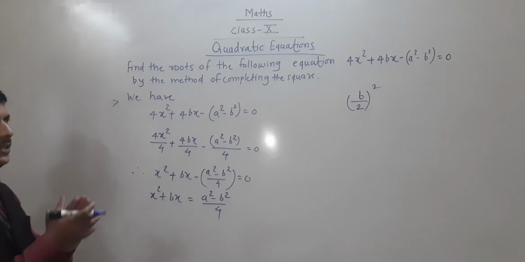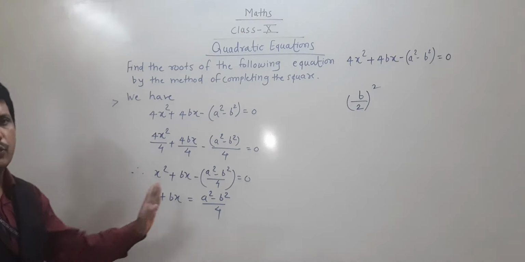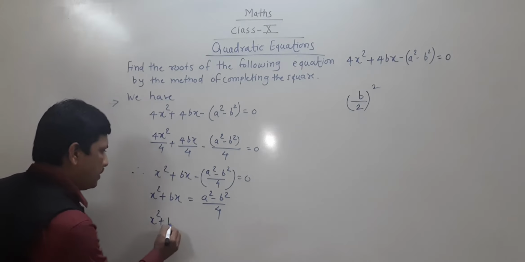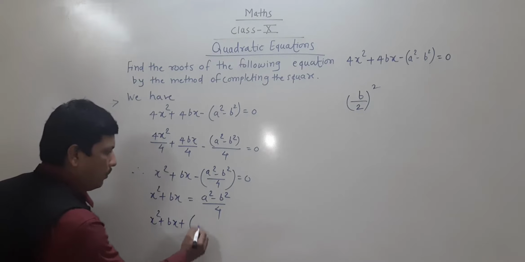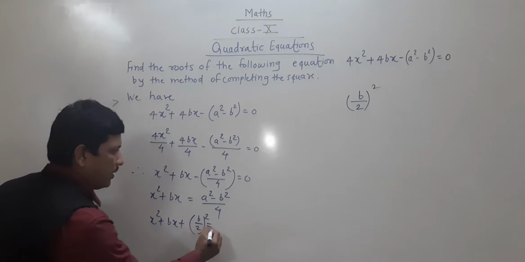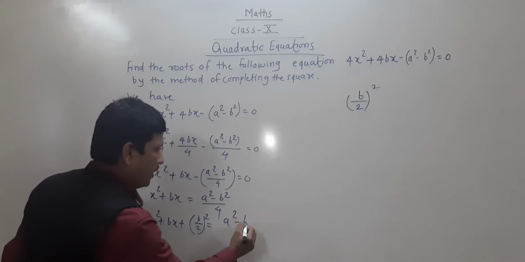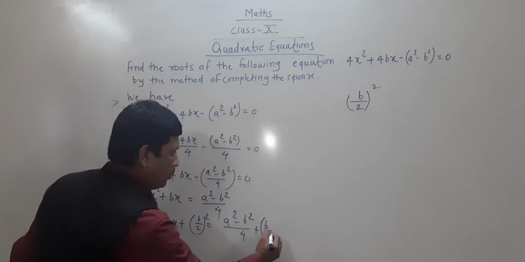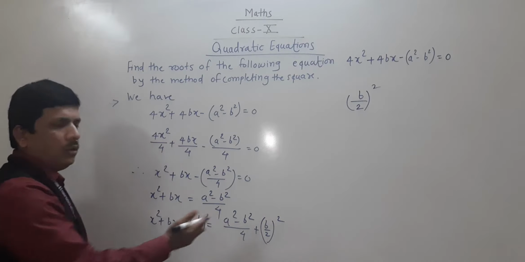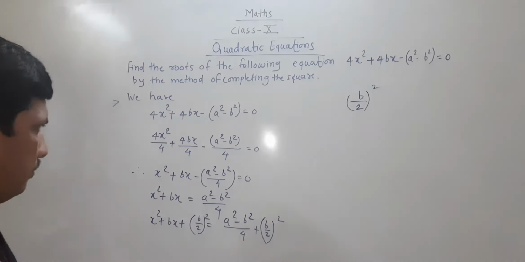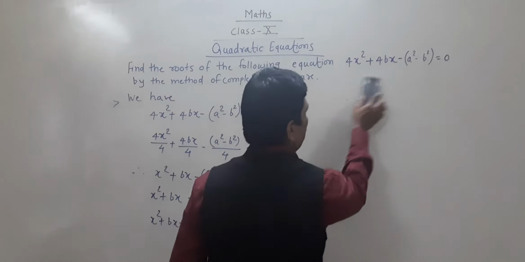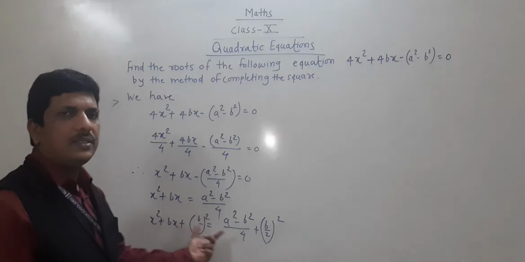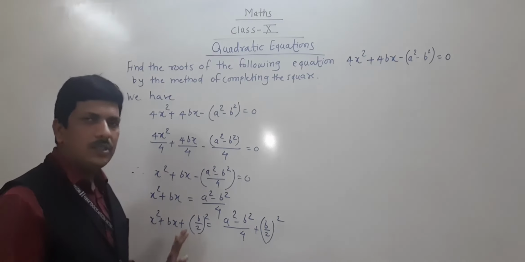We are going to add this term on both sides, in LHS also and RHS also. So x square plus bx plus (b by 2) square is equal to (a square minus b square) by 4 plus (b by 2) square. Since we have added the same on both sides, the equation is equivalent, because the same is added in LHS and RHS, so the equal to sign holds.